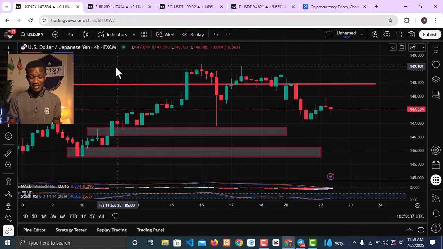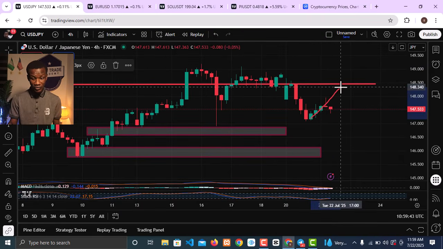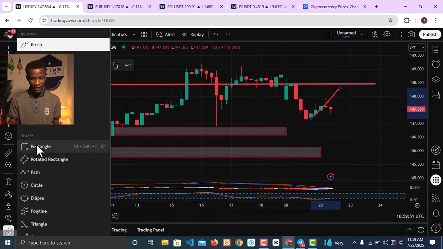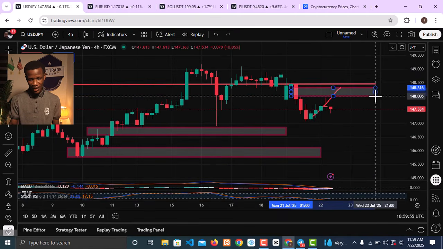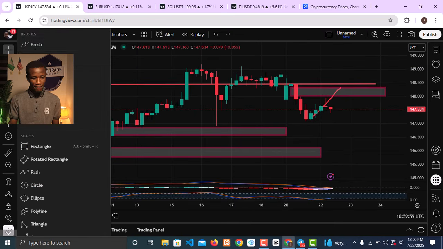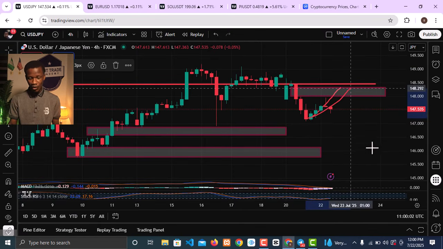On the 4-hour chart, very, very specific, the market should move upward, okay, in favor of the USD and approach this very area of important fair value gap. We have a gap at this very area, so the market should react to this very gap right at this very point, and then from here expect the market to come back to the downside. So the market moves into this very point and then comes back down.